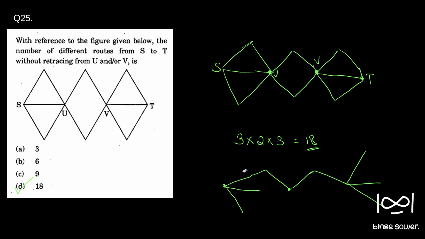So from S, if you consider this path alone, we have this path and then three possibilities, so we will get three cases. If you take this other path also, you will have three cases.